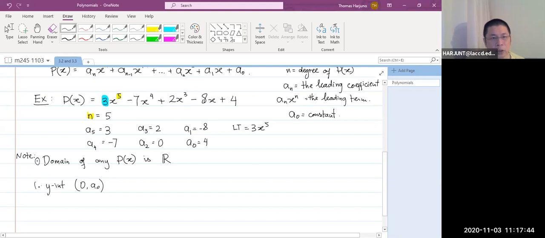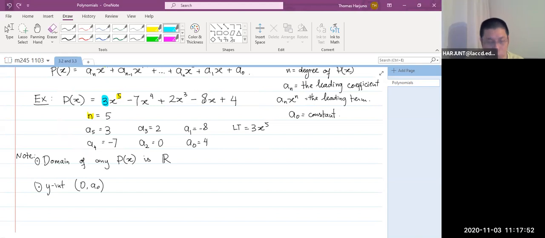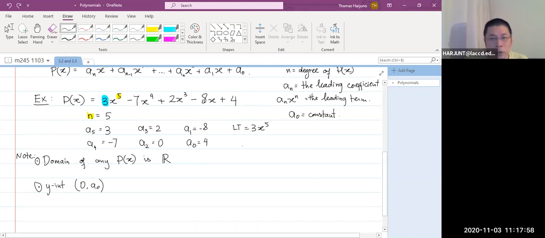So for the polynomial we have up here, if we try to graph that later on, which is the main purpose of this chapter, the y-intercept will be (0, 4).